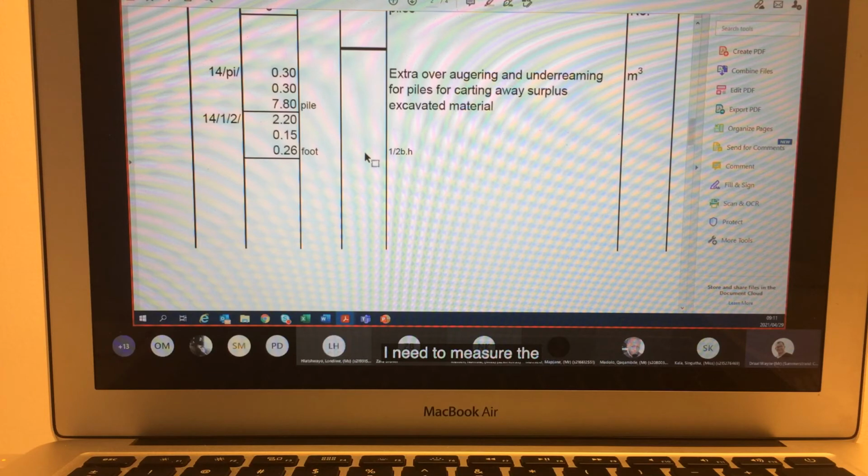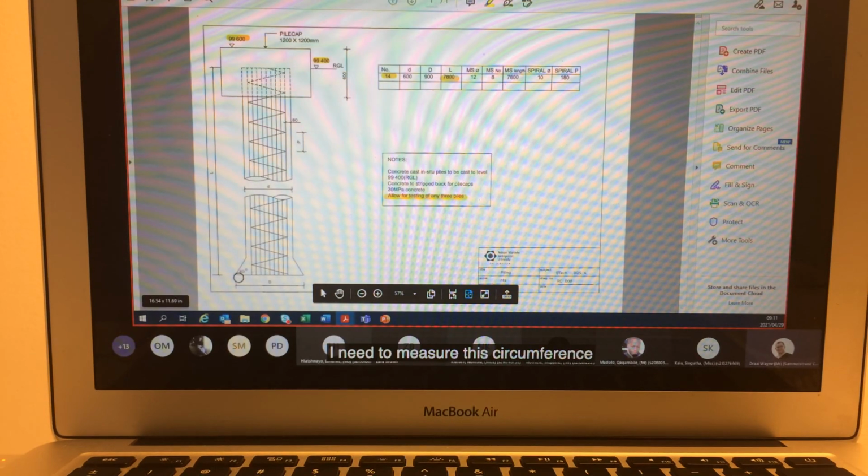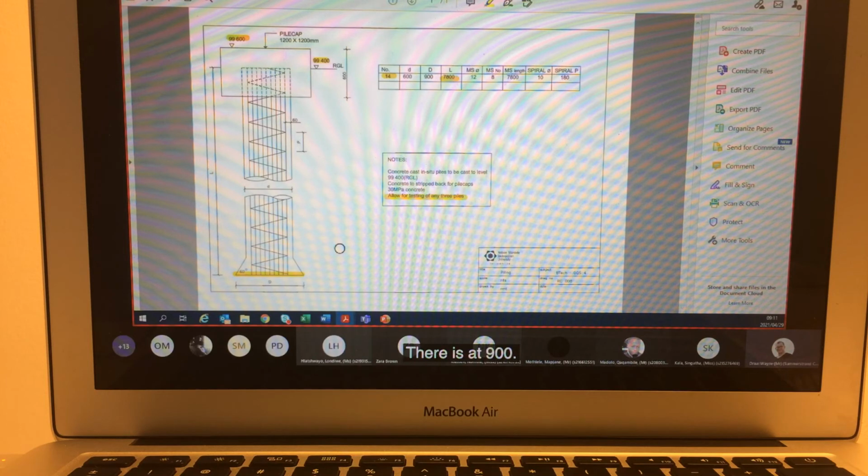I need to measure the circumference of this foot. But from there to there, what do we have? 900, as the diameter there is 900.